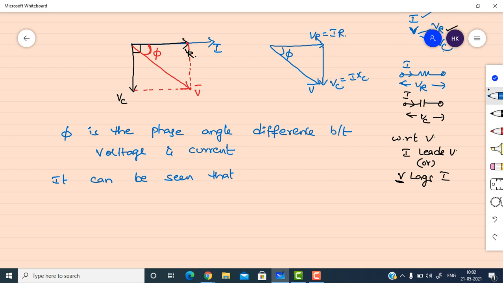So with respect to this voltage, is current lagging or leading in this circuit? Leading. Current leads voltage by an angle of, what is the angle? Phi. Good. By an angle of phi.